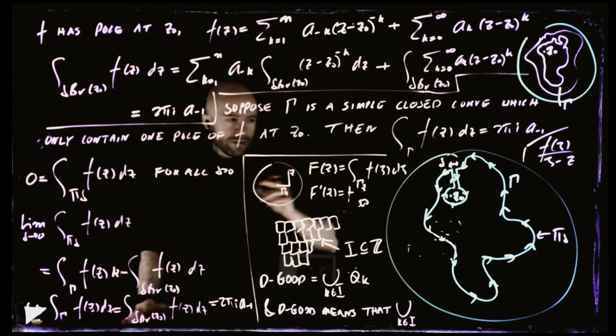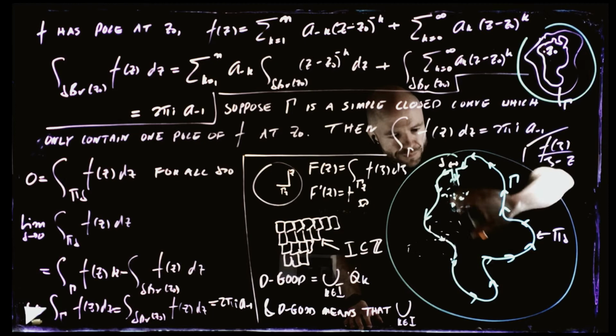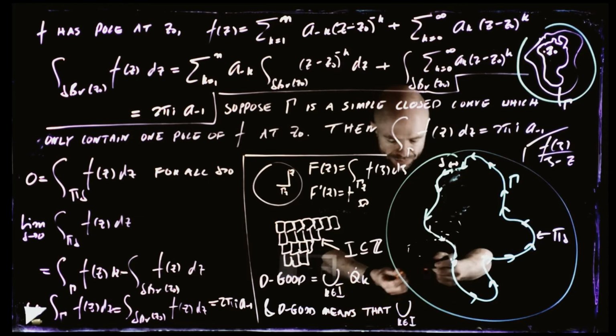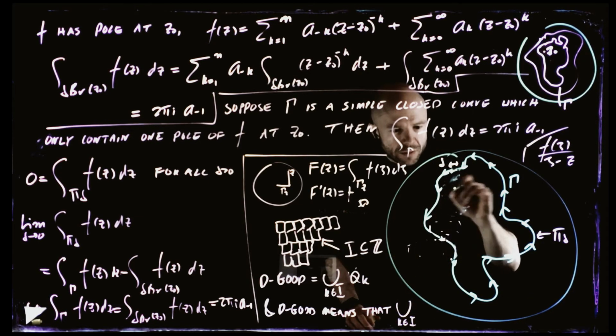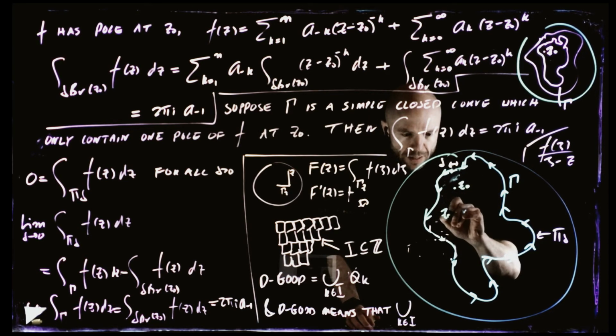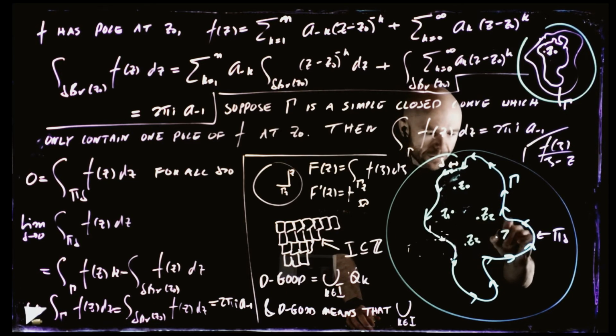All right. Now, tell me what you expect to happen when we have a more complicated situation. What about if we have numerous poles, say z0, z1, z2, z3, z4?